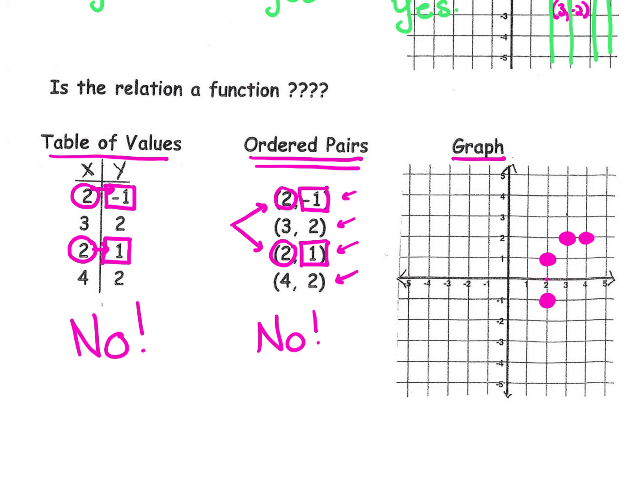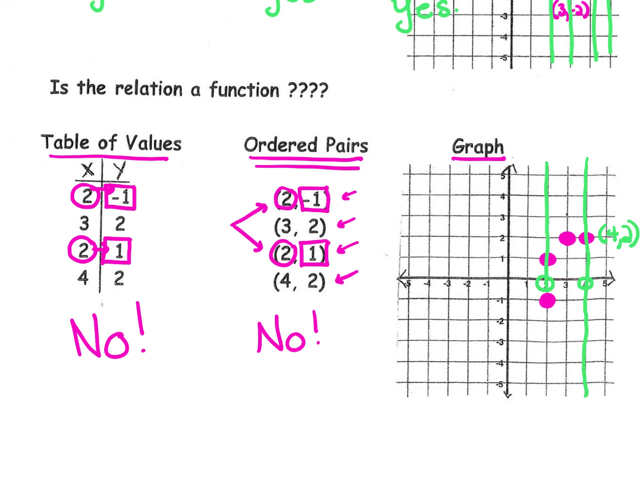Now let's look at the graph and run the vertical line test. We can see if we drop a line here at an input value of 4, it only strikes 1 point because the input value of 4 has an output of 2. So it passes the test at that point. However, let's look here at an input value of 2.